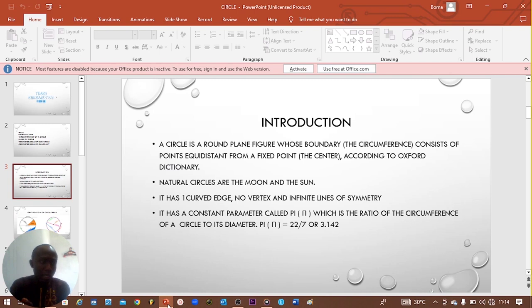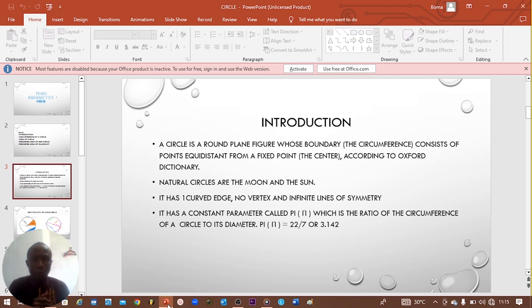I'm going to say that again, the last point I was talking about, the pi. The pi is the ratio of the circumference of any circle to its diameter. Actually, the ratio of the circumference of any circle to its diameter is the same for every circle.